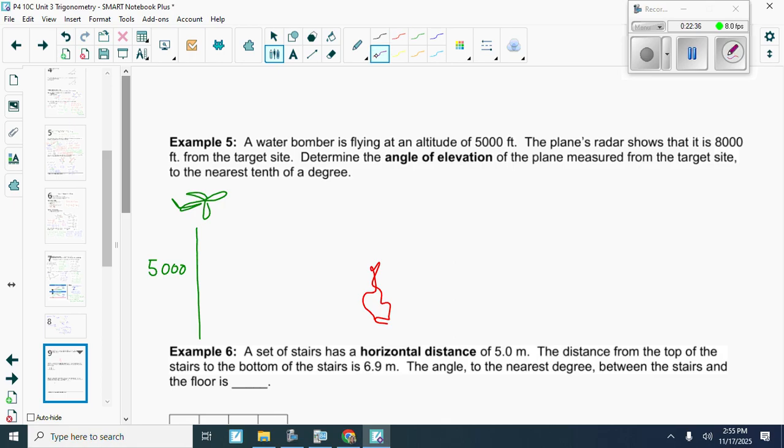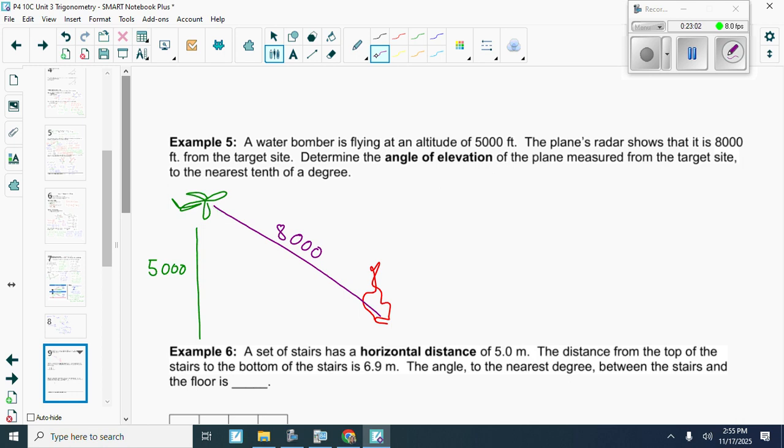The radar says the plane is physically 8,000 feet away from the fire. It wants us to determine the angle of elevation of the plane measured from the target site.